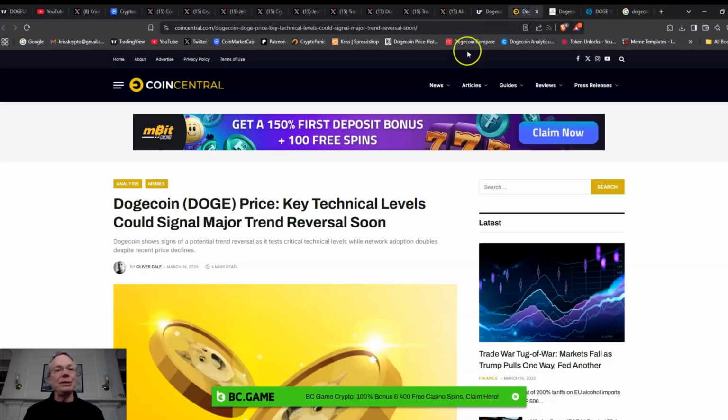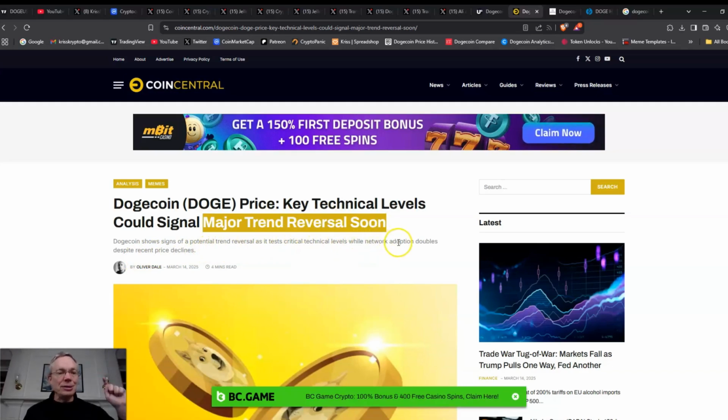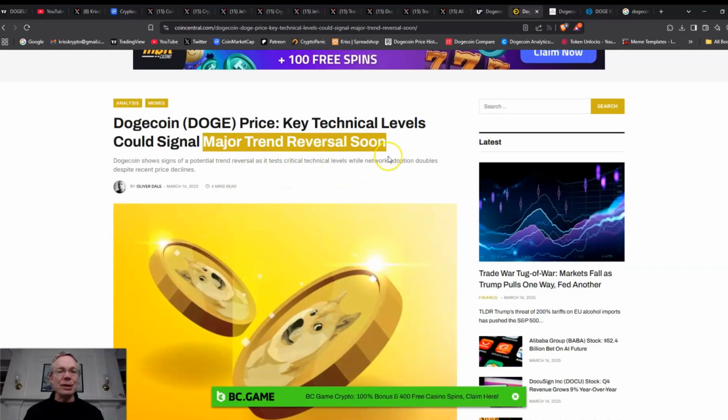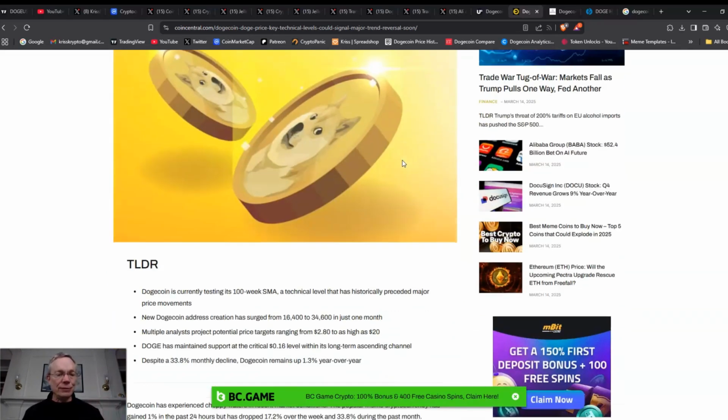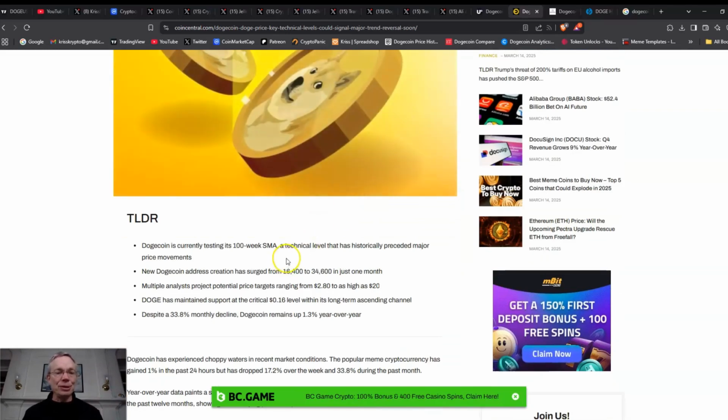But there's a lot of positivity. Dogecoin price, key technical levels could signal major trend reversal soon. So Dogecoin shows signs of potential trend reversal. It tests critical technical levels, while network adoption doubles despite recent price declines. That's right. That's what we look for, is the actual use of Dogecoin and its adoption.